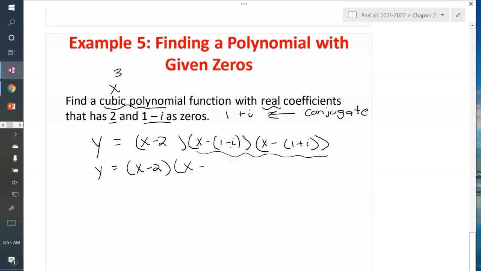What I'm going to do is treat this 1 minus i and this 1 plus i as its own term. And what I have here is close to a perfect square. That's what I have here. So let's go ahead and start distributing. First term, x times x, so I get x squared. Second term, x times (1 plus i).